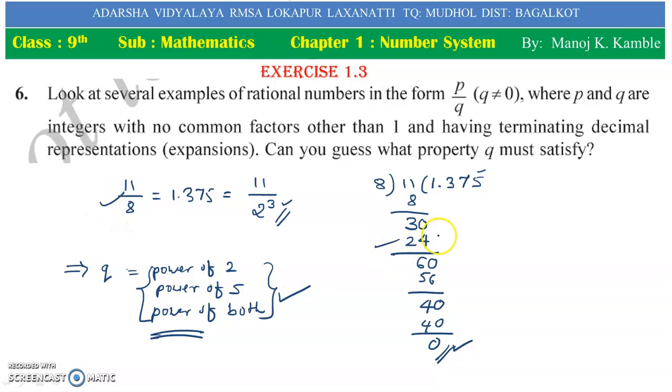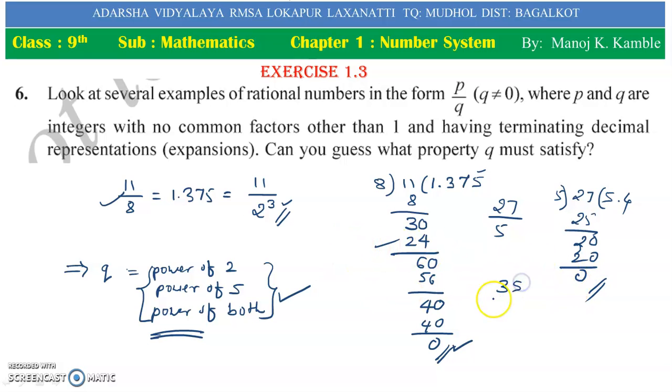Okay, you take other examples like this, 27 divided by 5. So here 27 divided by 5. 5 5s are 25, remaining 2, decimal point 0, 5 4s are 20, and remainder 0. Okay, take another example, that is 35 divided by 10.